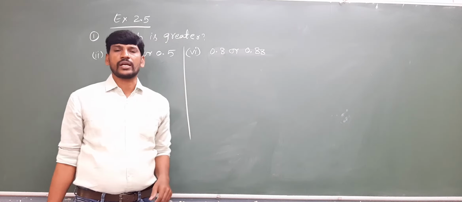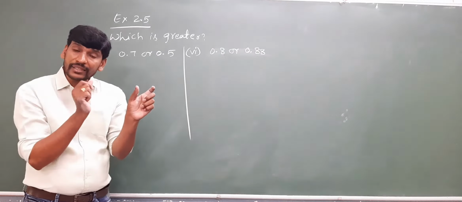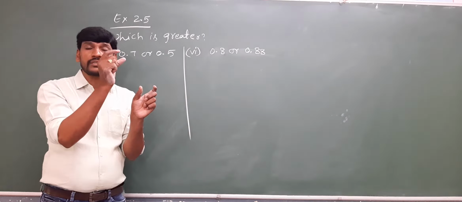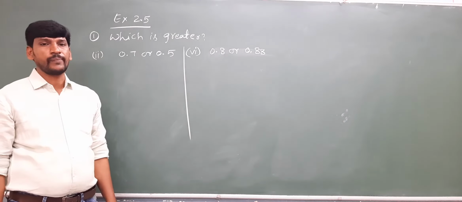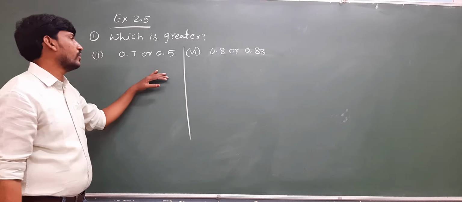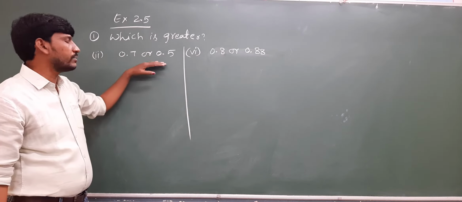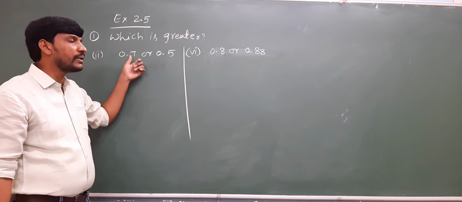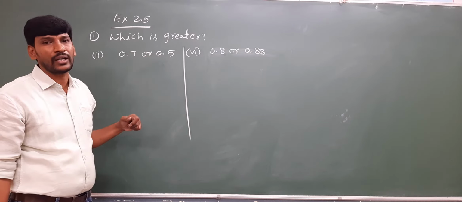If the given fractions are like fractions, then we can compare the numerators, then we can say which is the greater value. In the same process, if you want to compare two decimals, check whether the given decimals are like decimals or not.